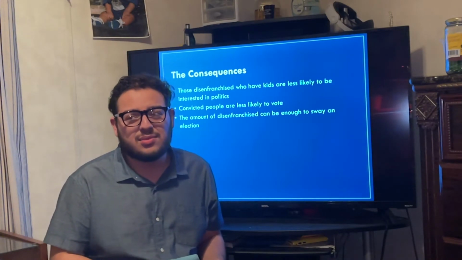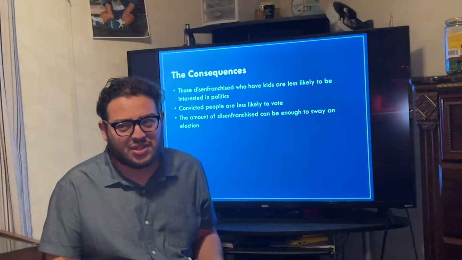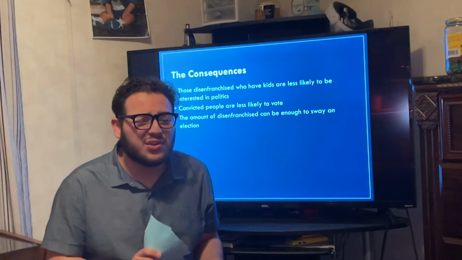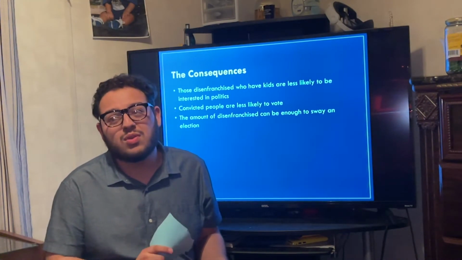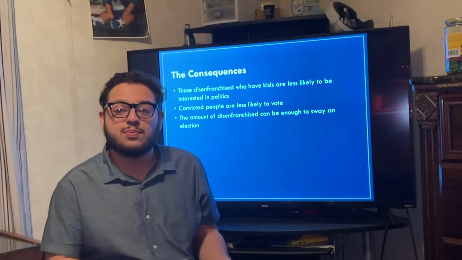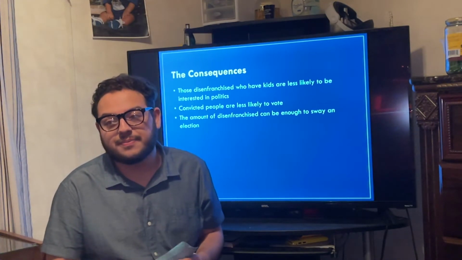Most famously in the year 2000, during Al Gore versus George Bush, Bush famously won Florida by a margin of only 500 votes. If disenfranchised people were allowed to vote in Florida during that time, they could have most likely swayed that election in Al Gore's favor.